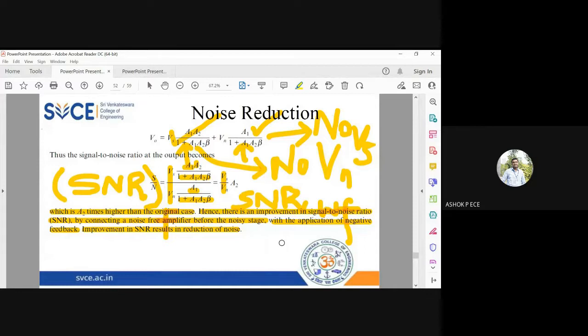When SNR improves by a lot, I'm reducing my noise. Because SNR is signal power by noise power, right? So when my SNR increases multiple times, my noise power is reduced, or my system is going to perform very well in the presence of noise.